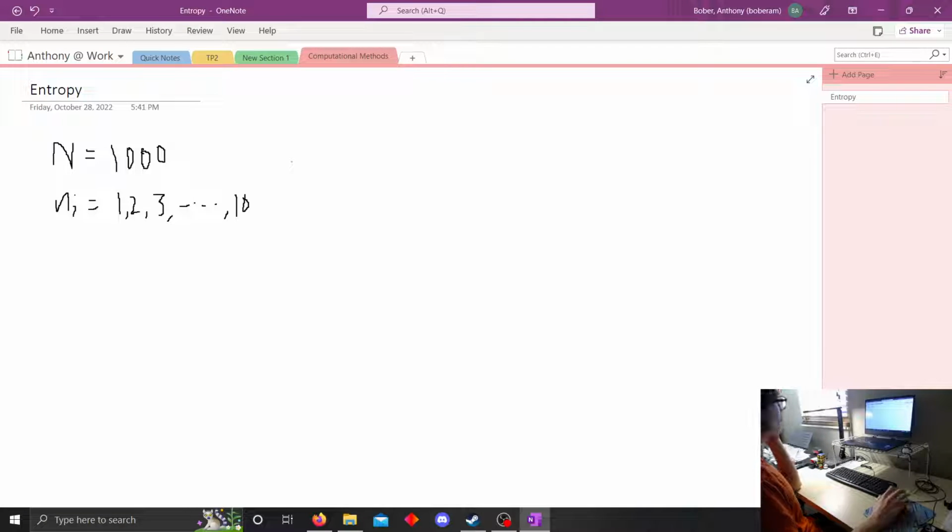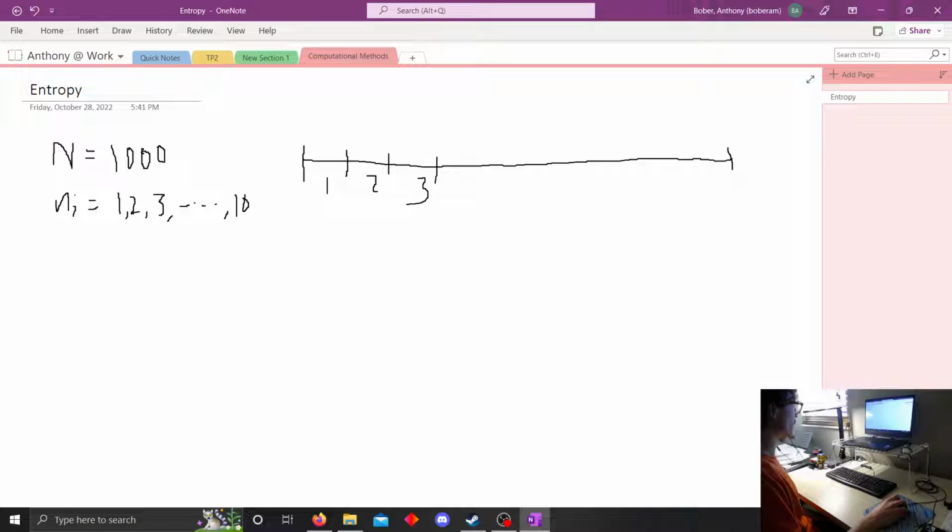If we were going to take this data and distribute it, it would look something like this, where we make a bin for 1, 2, 3, 4, skip a few, 9, 10.